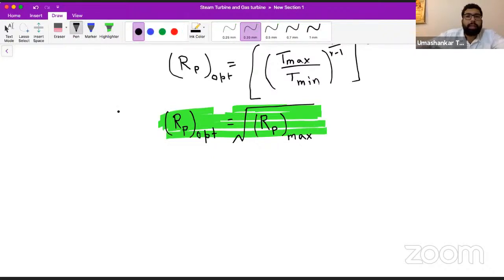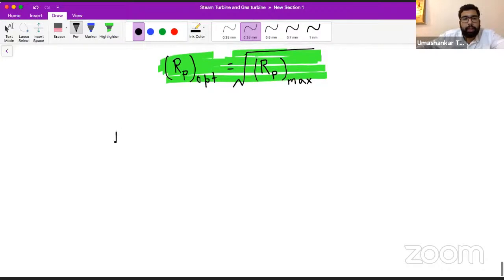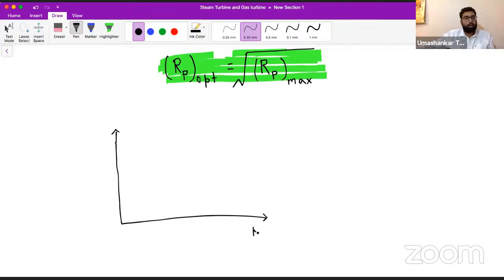So what is this game of pressure ratio? What is the effect of this pressure ratio on the efficiency? Efficiency goes on increasing as far as you can increase your pressure ratio.